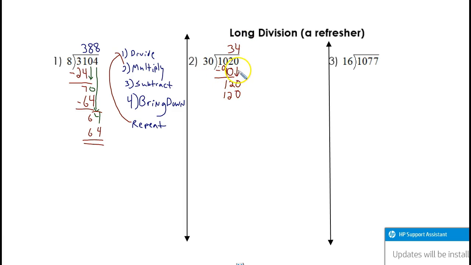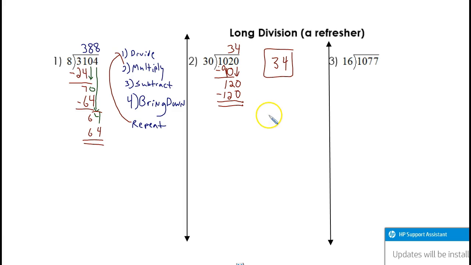Since this is the last number I have brought down, when I subtract, 120 minus 120 is 0, so I have no remainder. My answer would be 34.